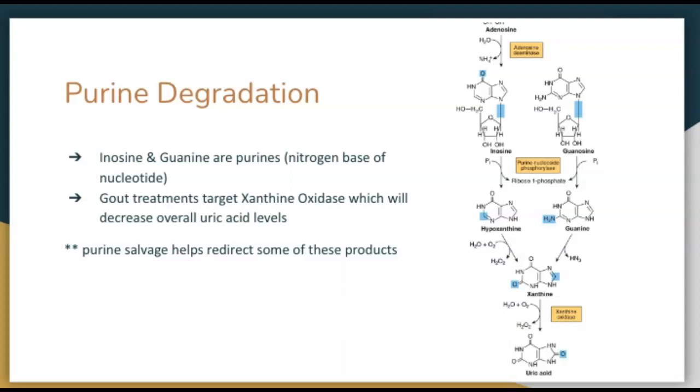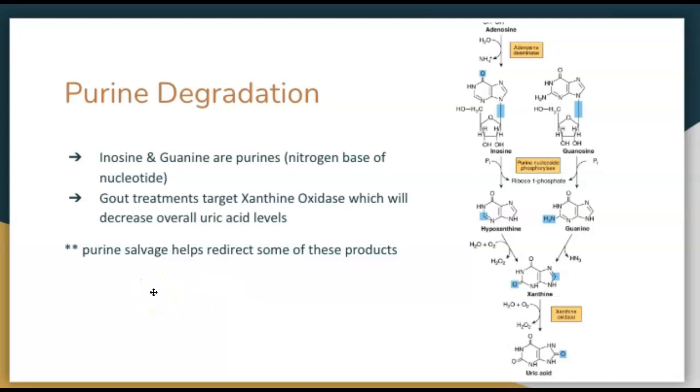Xanthine has the enzyme xanthine oxidase, which breaks it down into uric acid. That's where a lot of gout treatments are directed, actually, because xanthine is more soluble than uric acid. Uric acid in excess is going to build up in the tissues and crystallize, like we're seeing in this guy.